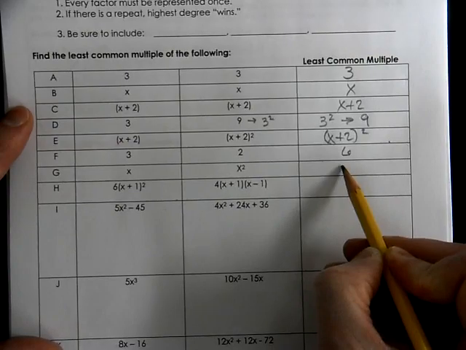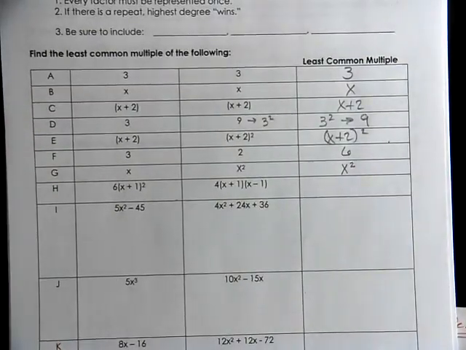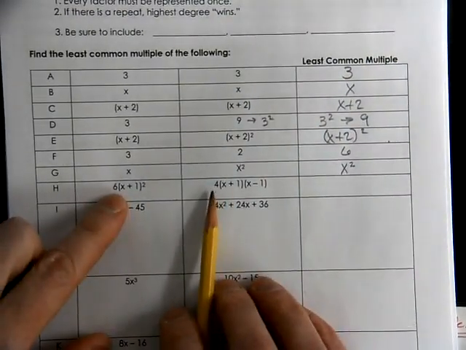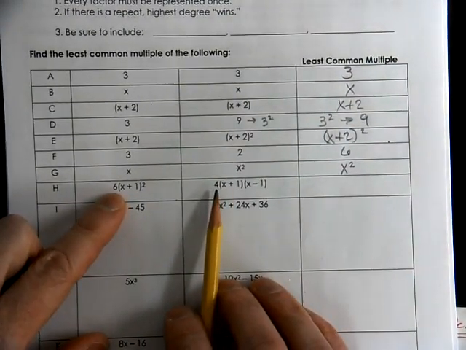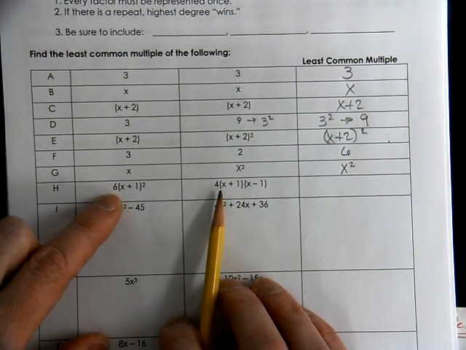What do they both multiply to? That is the smallest number. So here we're working with the 6 and the 4. So what's the smallest number 6 and 4 go into?